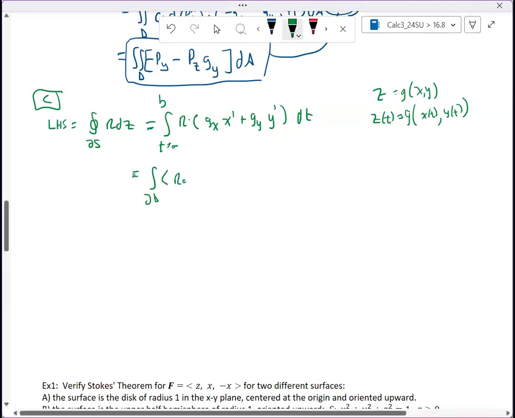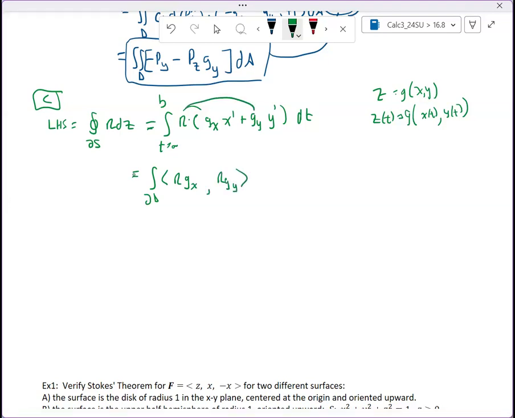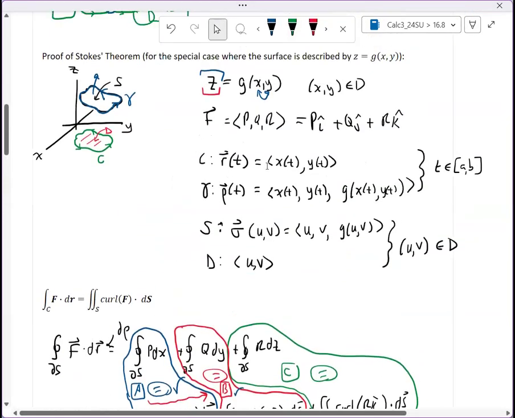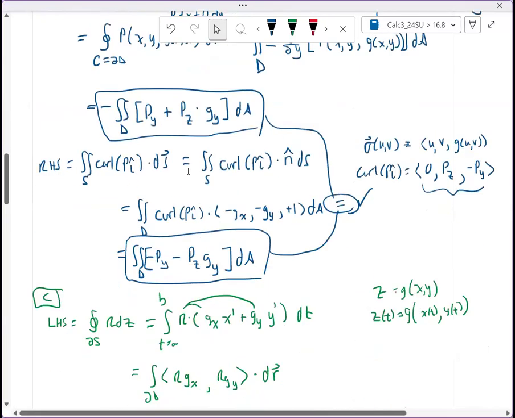Well, it would be like R gx, comma, R dg/dy, that vector dotted with a vector that looks like x prime of t dt, comma, y prime of t dt. But that's just what we're calling dr. I hope I have the right, is r the two-dimensional one? Yeah, that is dr. Okay.